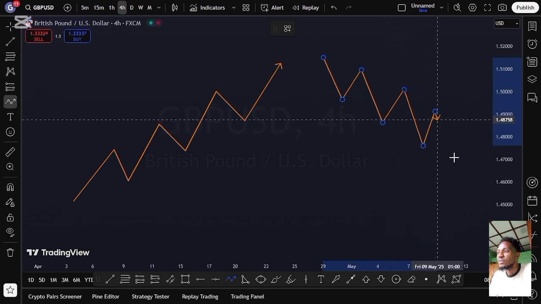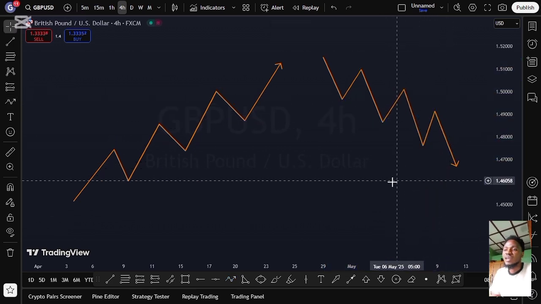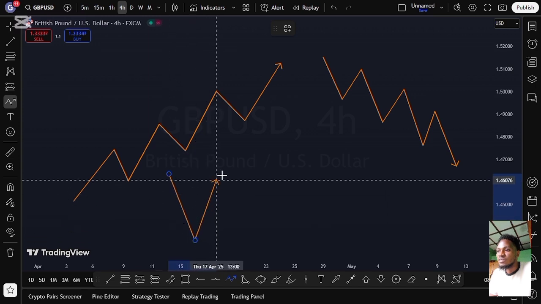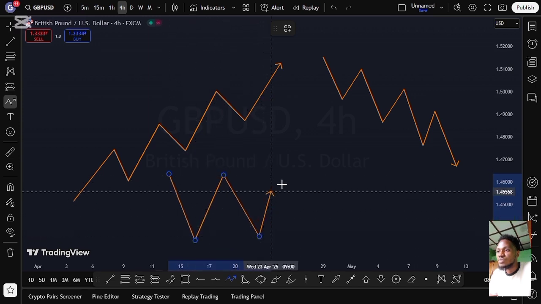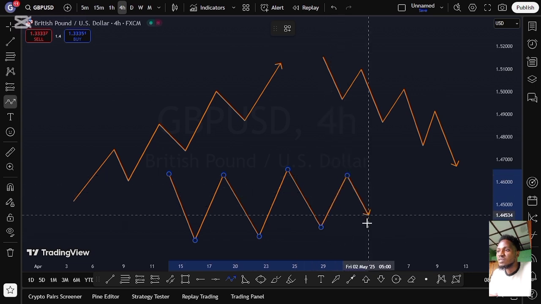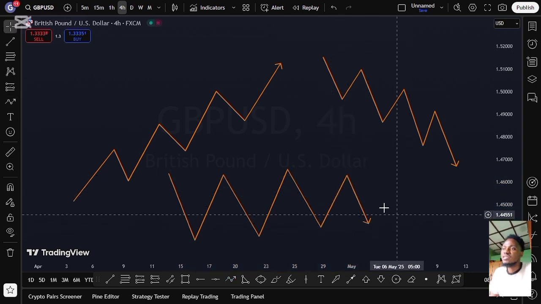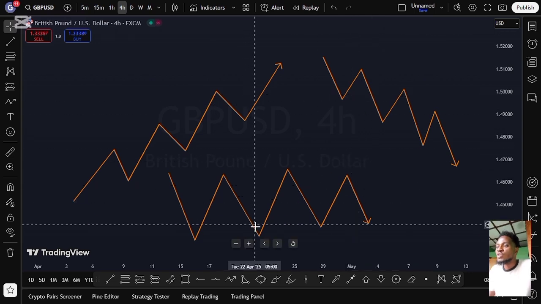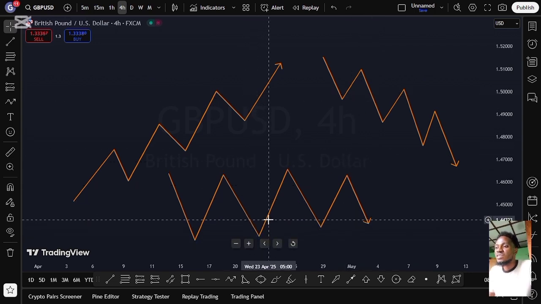This is a bearish market. Then we still have what we call a range bound market. It's a ranging market. It's not moving anywhere, it's just on one place, creating something. So this is a ranging market, this is a bullish market, this is a bearish market, this is a ranging market. Okay, so now how do we really trade this?